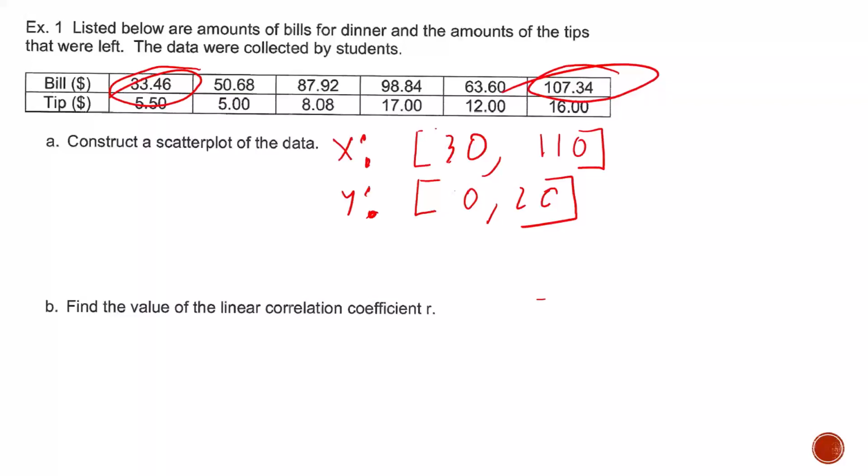Let's do that. So I said 30 to 110. Zero, 20.